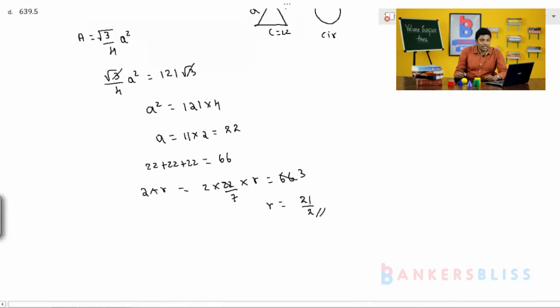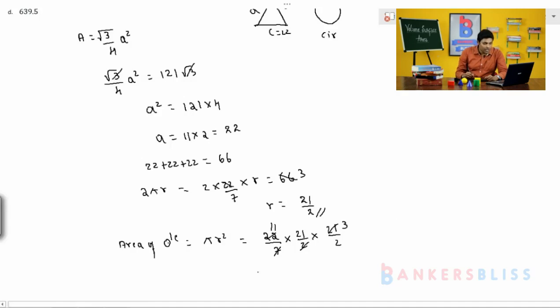So now we have to calculate the area of the circle. Area of circle is equal to pi r square, which is equal to 22 by 7 into 21 by 2 into 21 by 2. So 7 3s are 21, 2 11s are 22.